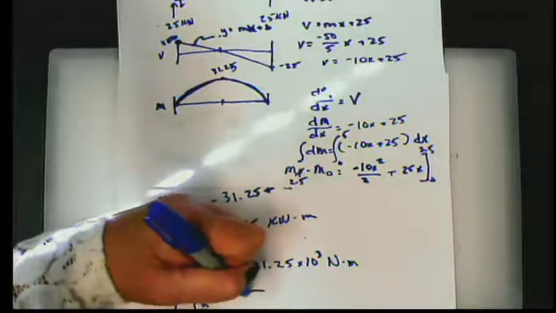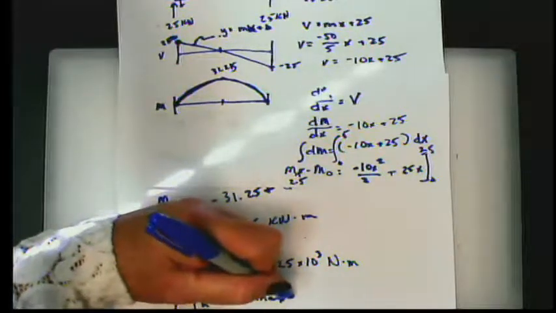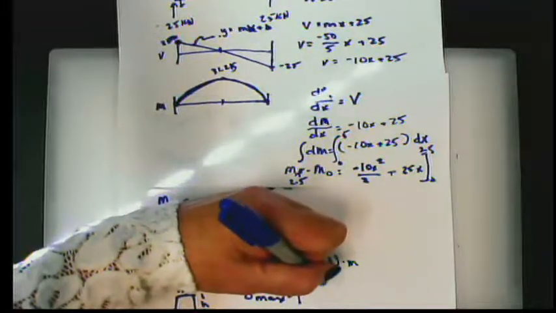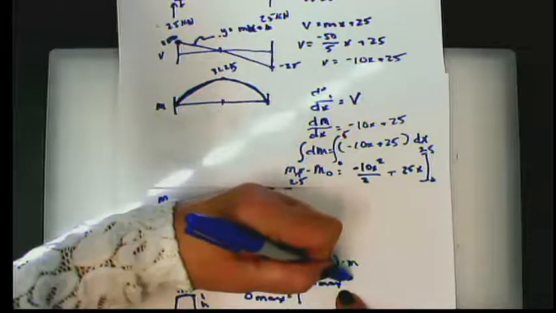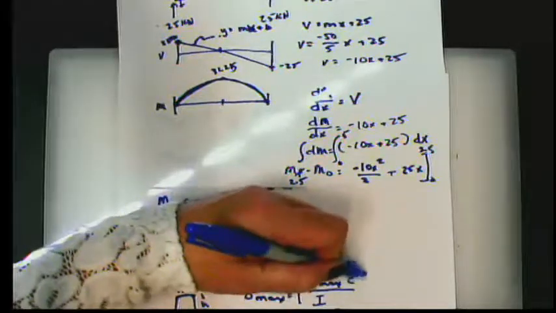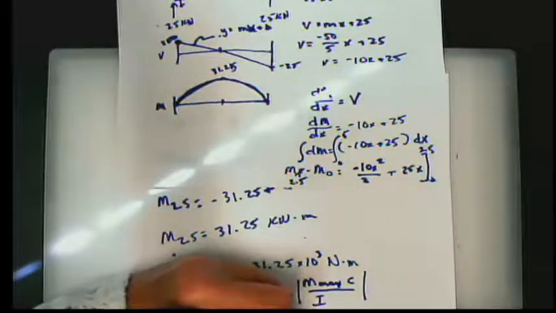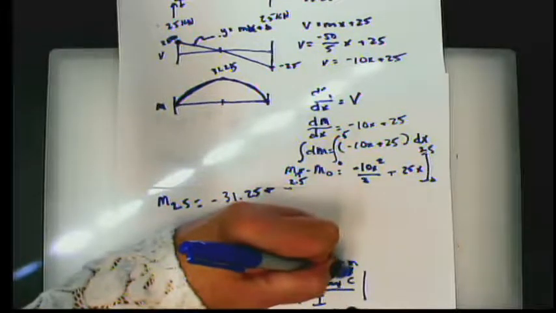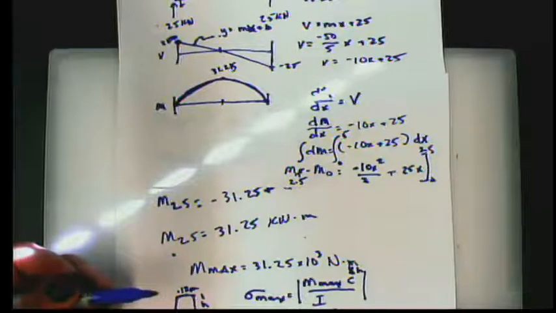So I know that sigma max is equal to, I'm going to say the absolute value of the maximum moment, times c over I. Once again, I is 1/12 base height to the third, and c is half of height because it's a rectangle.